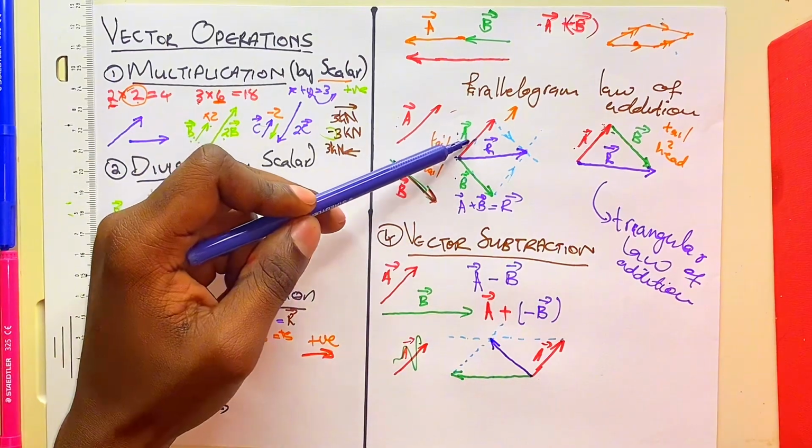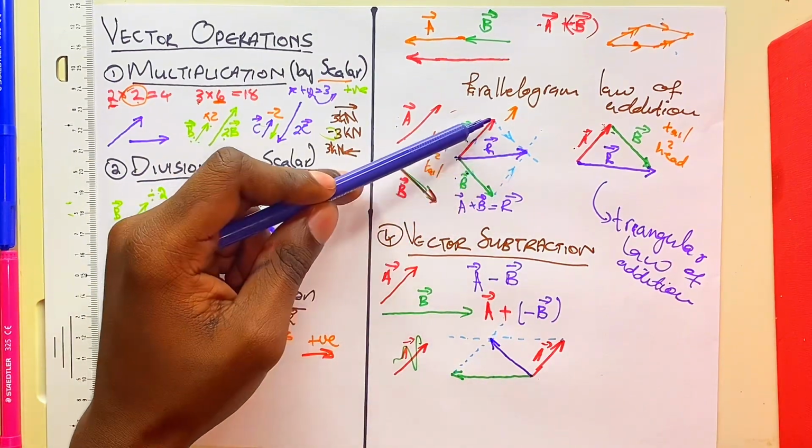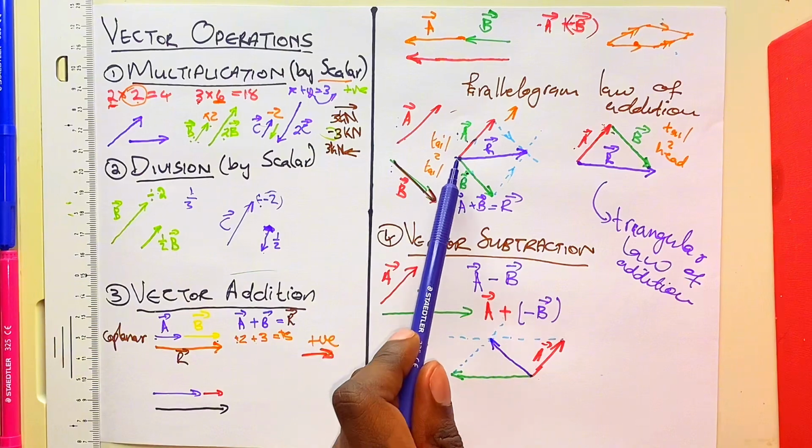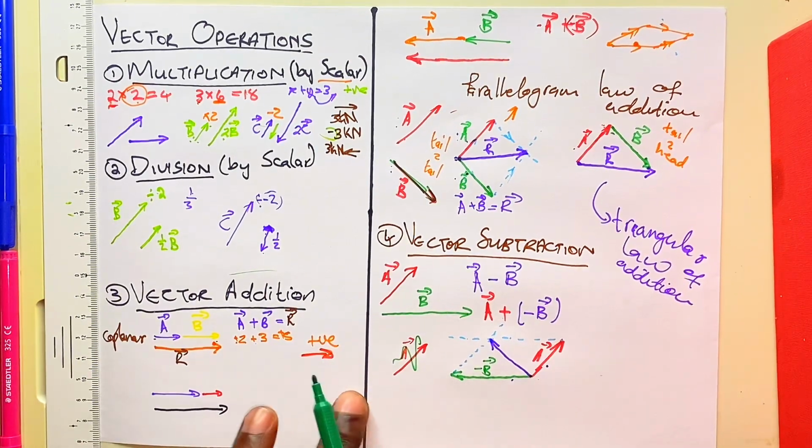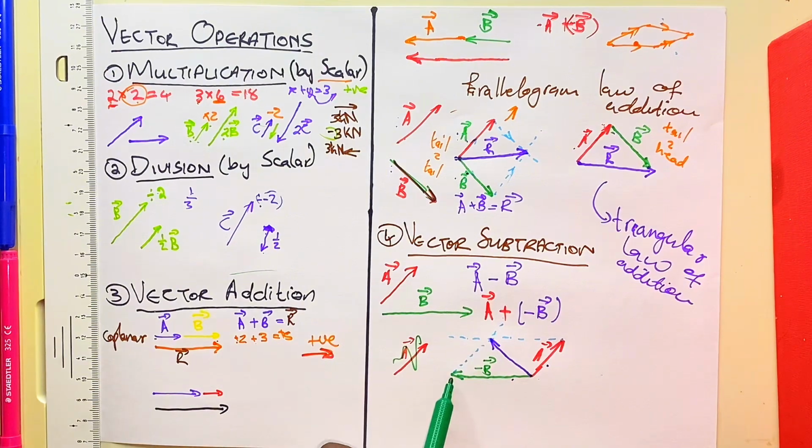Remember, we put them tail to tail, we draw a parallelogram, and then we draw a line that goes diagonal. Even here, we do the same thing. We put them tail to tail, but our B is now acting in the opposite direction. It is now going that way. So we draw our parallelogram and draw a diagonal.